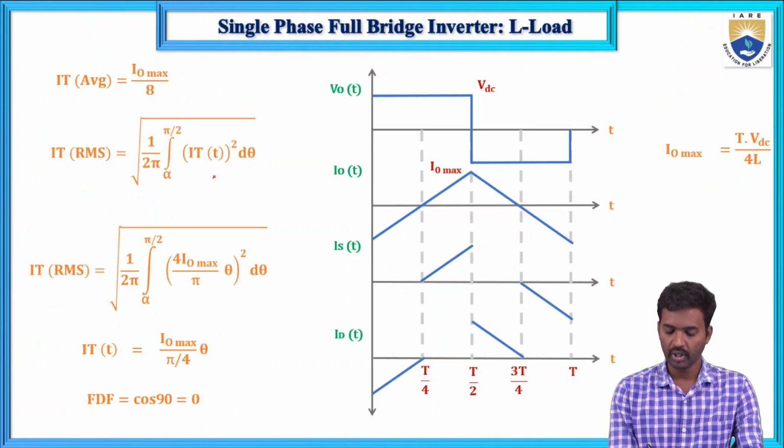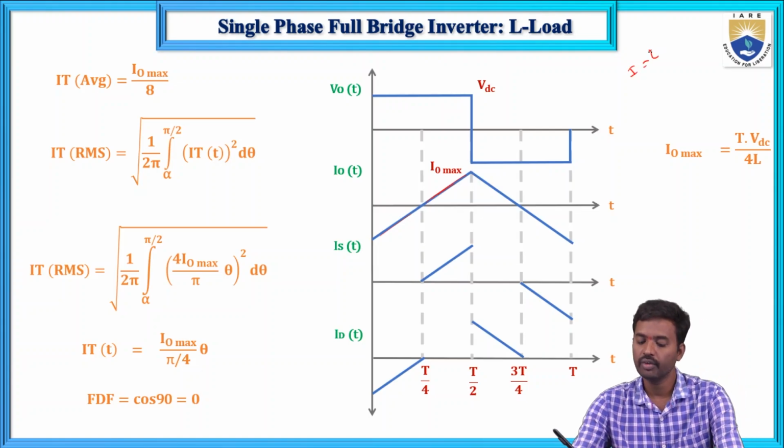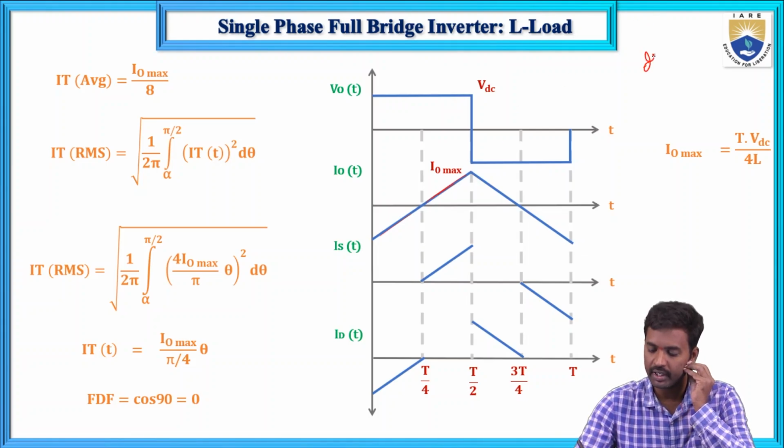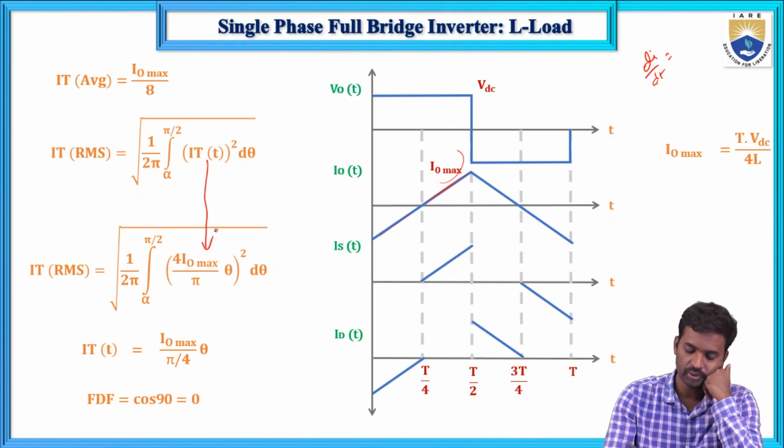Now here, how I of t is obtained, you got it. Here this is the case: V equals L di by dt. So di by dt equals the change in current. How will you calculate the change in current? The change in current means I0 maximum, so I of t equals 4 I0 by pi by 4.